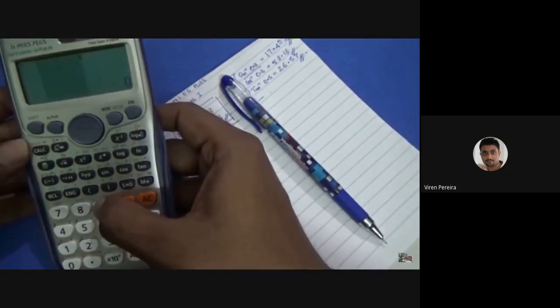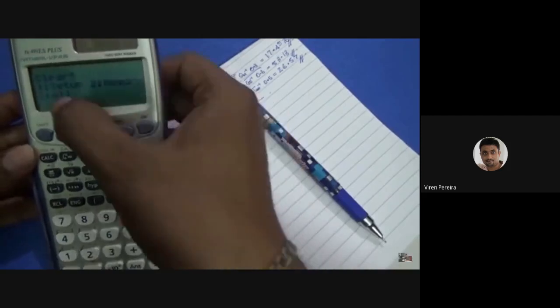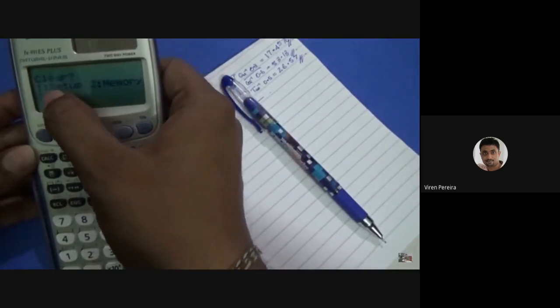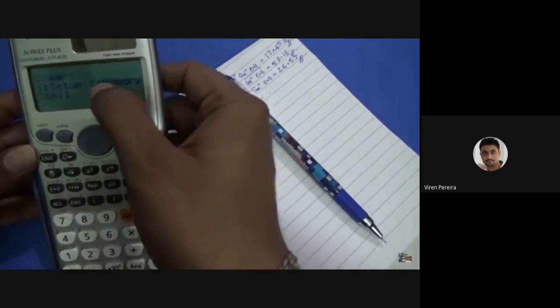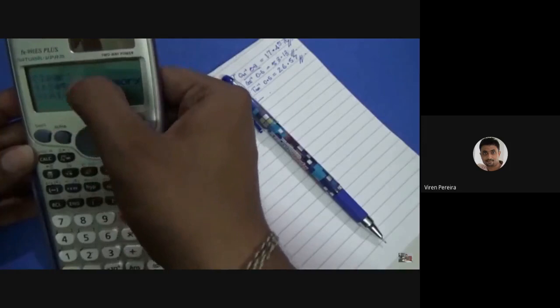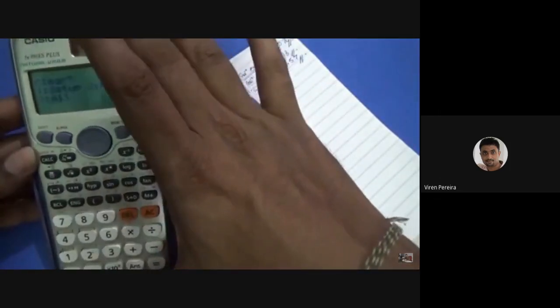clear function and 9. Now you can see I got clear, wherein I have options such as setup, memory and all. Now setup means it will only clear the setup function, whatever you have selected.